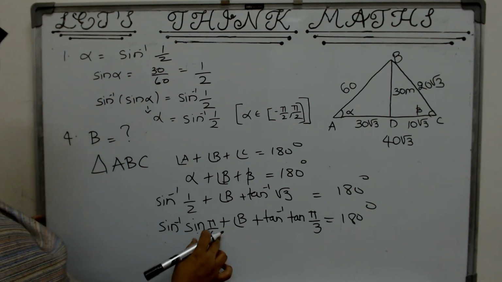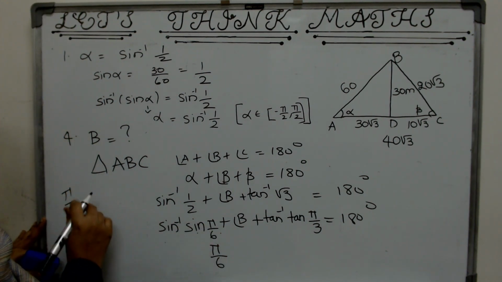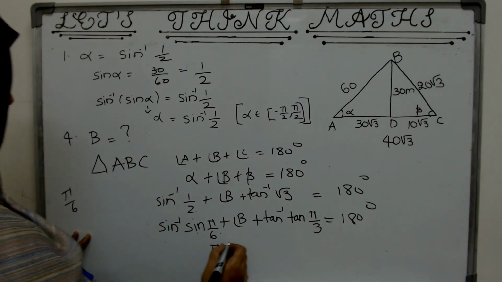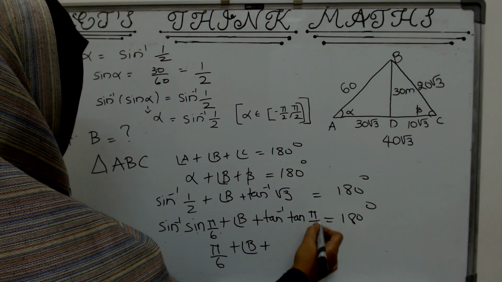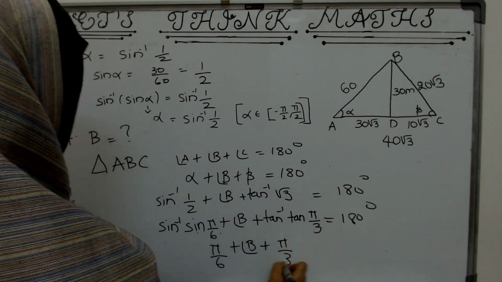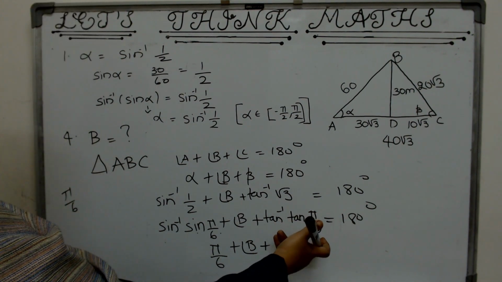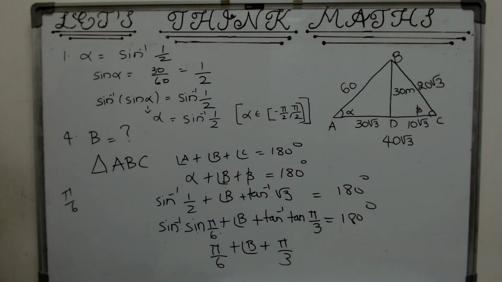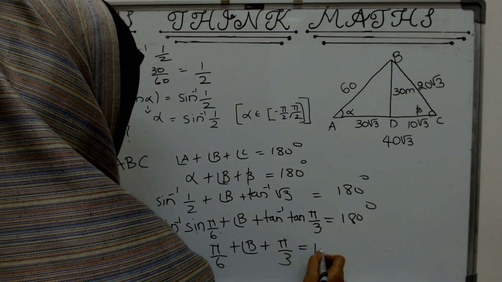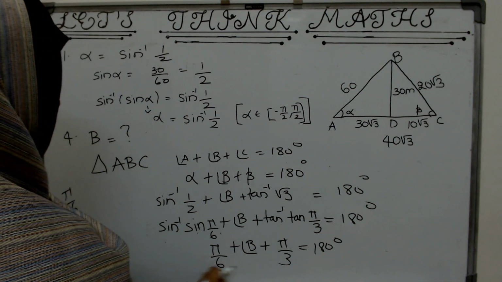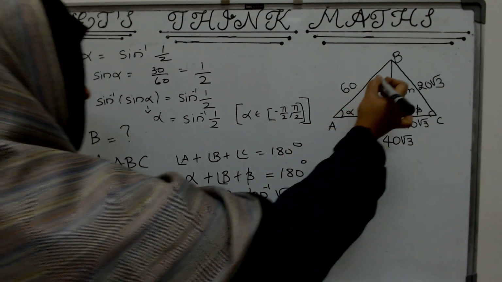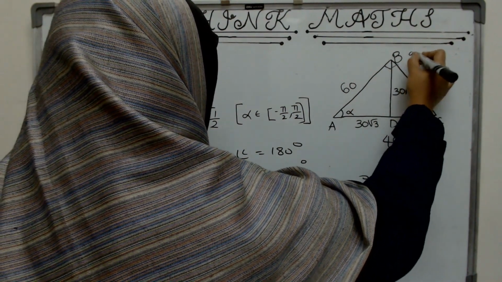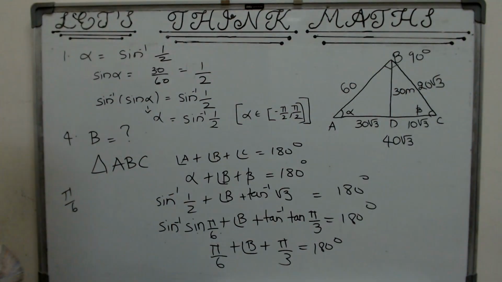And why is this possible? Because pi by 6 lies in the minus 90, 90 range. And tan inverse of tan pi by 3 is again equal to pi by 3. Why? Because this lies in the open interval minus 90, 90. This is equal to 180 degrees. 60 degrees plus 30 degrees give you 90 degrees. So angle B is 90 degrees. Or in other words, the whole triangle is a right angle triangle.